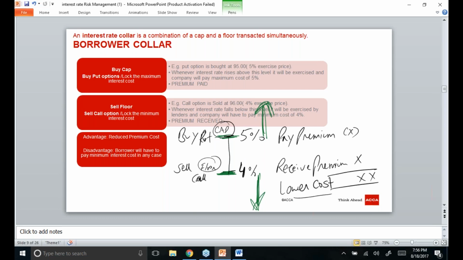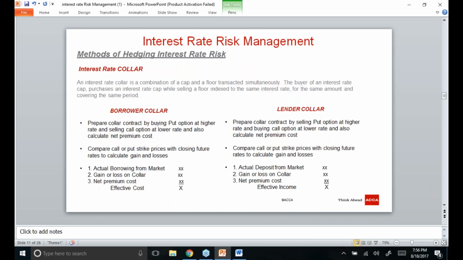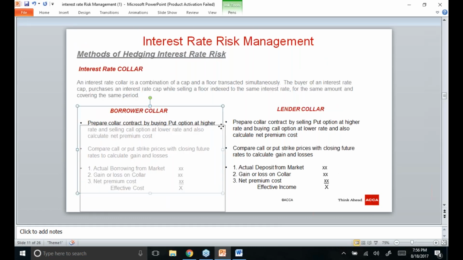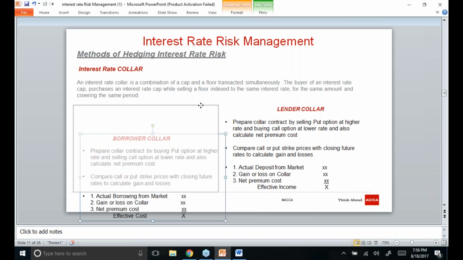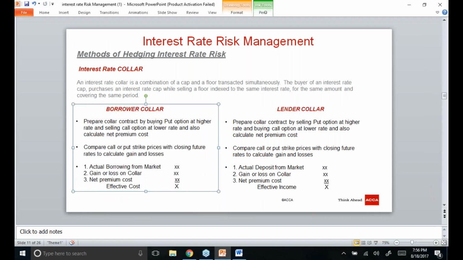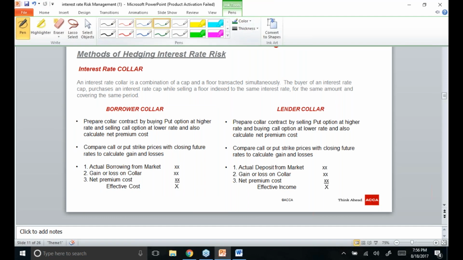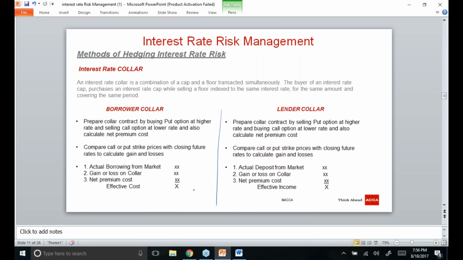Okay, let's move to its steps. These are the steps of the borrower collar. First one, make a collar contract.